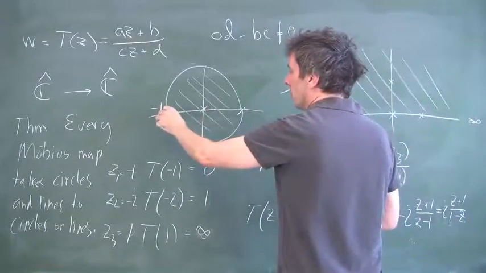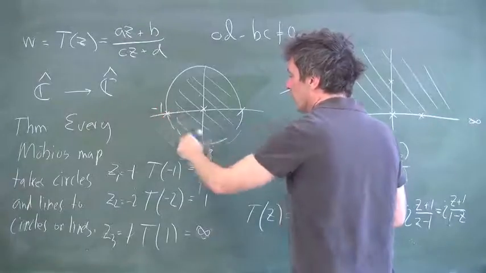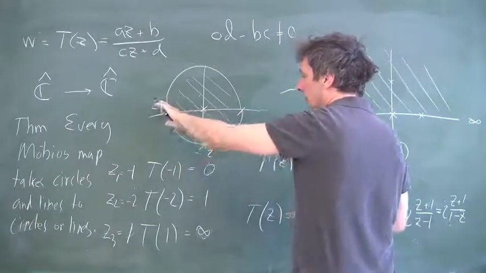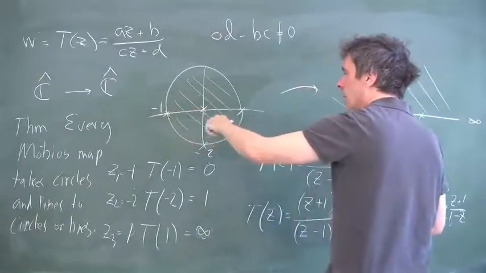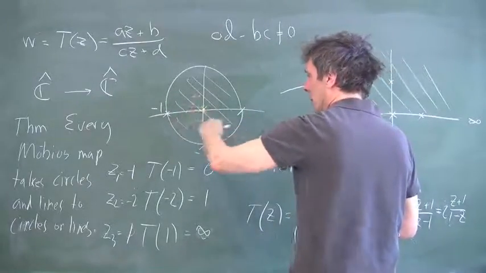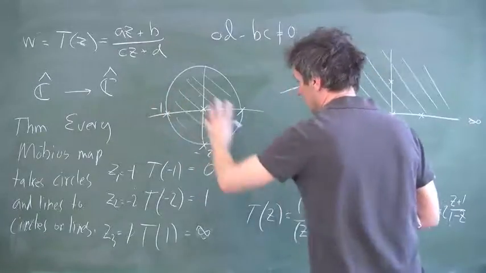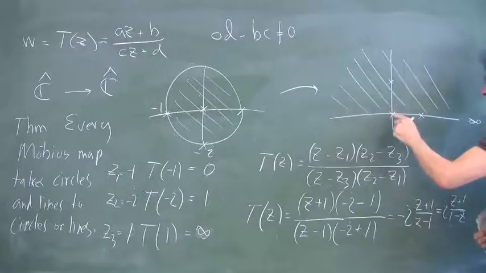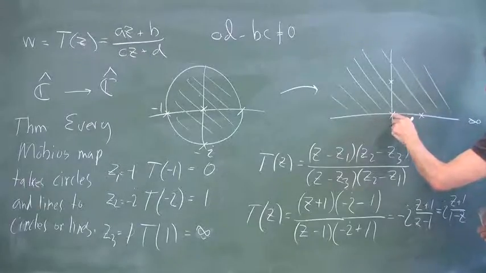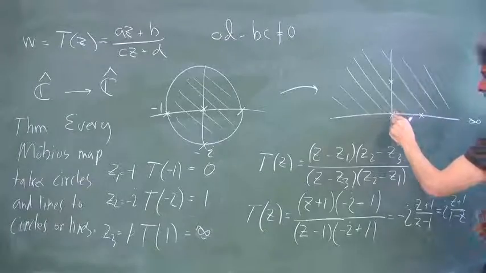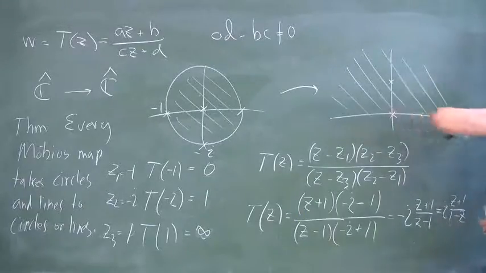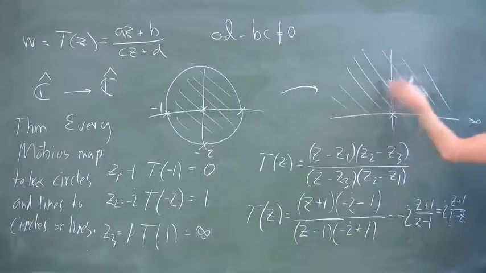You can observe that if you follow these 3 points z1, z2, z3, and you go this way and you have this domain on your left-hand side, as in this picture, then the mapped region will also be on your left-hand side when you go through the image points in the same direction, from the image of z1 to the image of z2 to the image of z3. Then you see still that this upper half plane will be on your left-hand side.